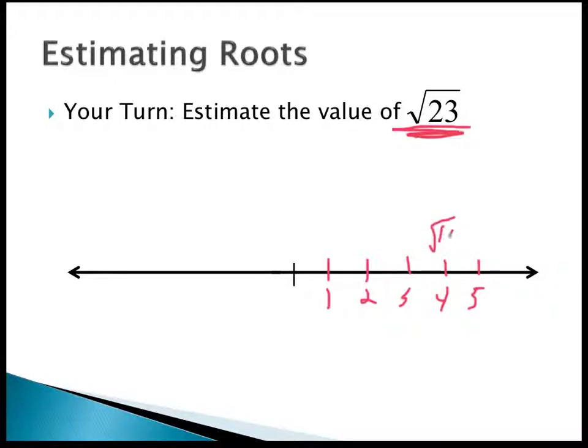Well, the two closest, or the ones that it falls between, are the square root of 16 and the square root of 25. Now 23 is closer to 25 than it is to 16, so we'd want it over this side. So we could make a guess that it's maybe 4.8 or 4.9, and it is just an estimate, so we pick one of those that we're comfortable with, and we call that our estimate.